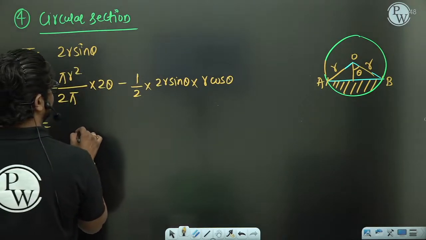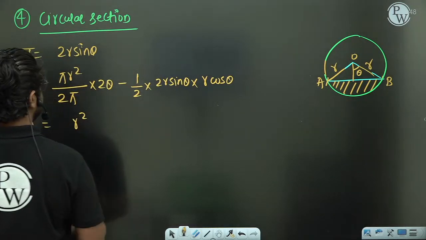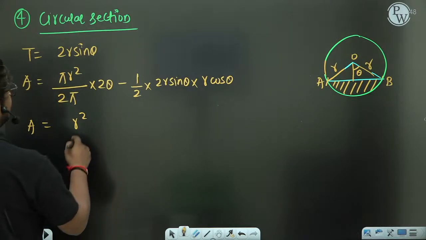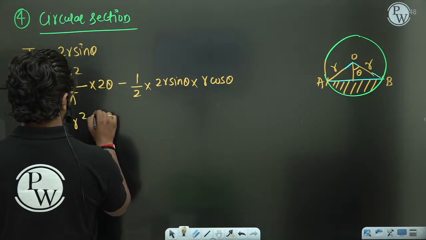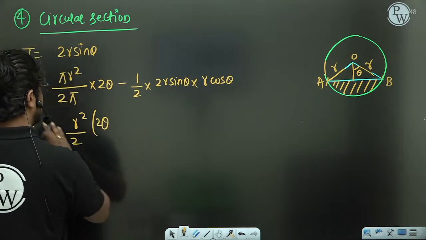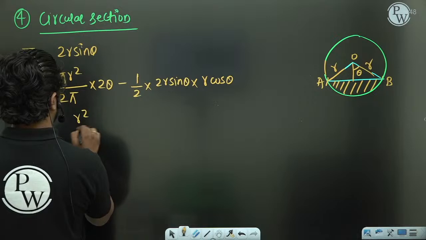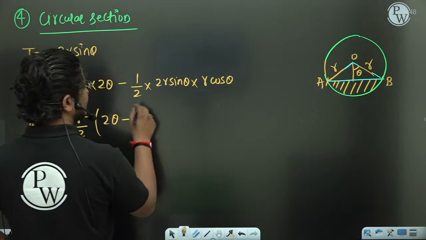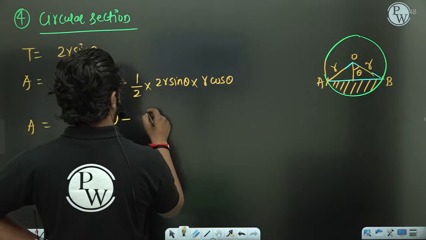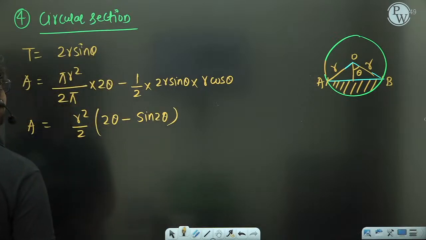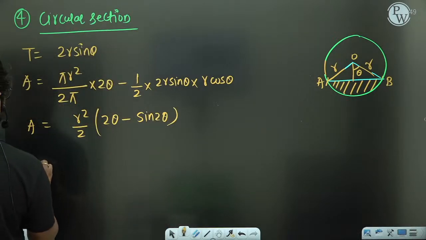So area will become, taking r square by 2 common, r square by 2 times (2 theta minus sin 2 theta). This becomes the formula for area. Similarly for perimeter.